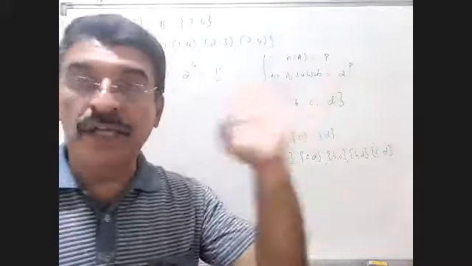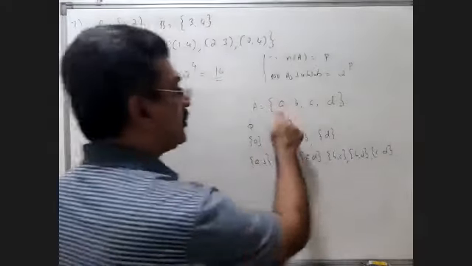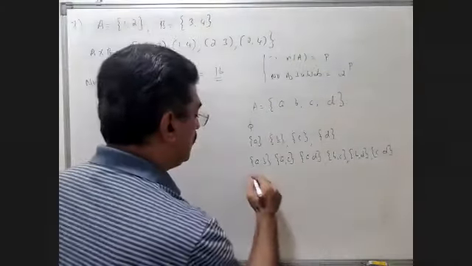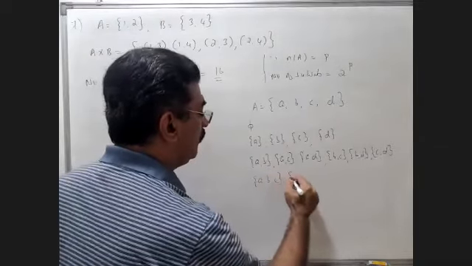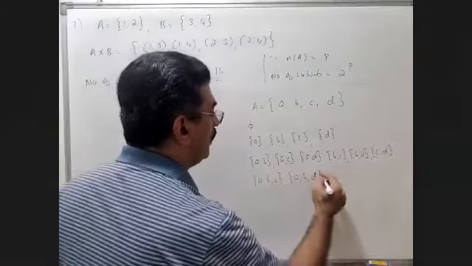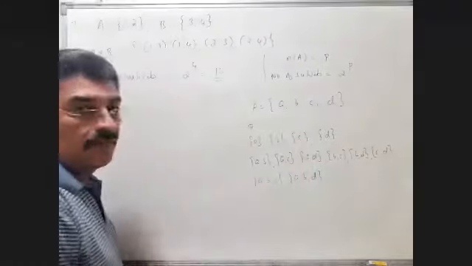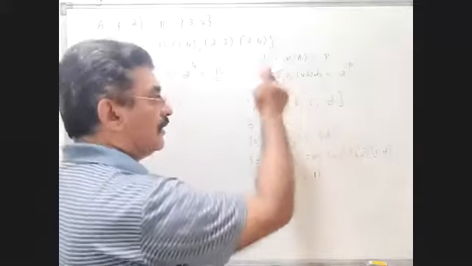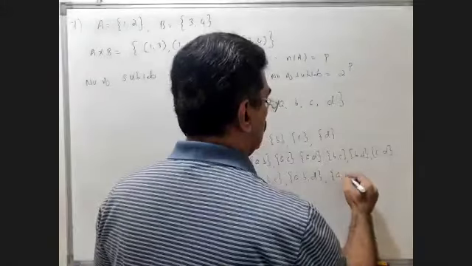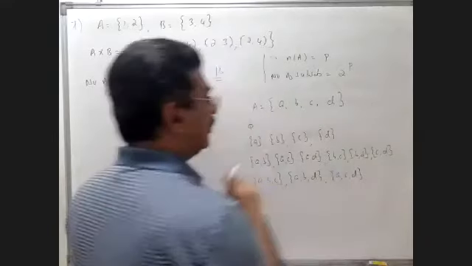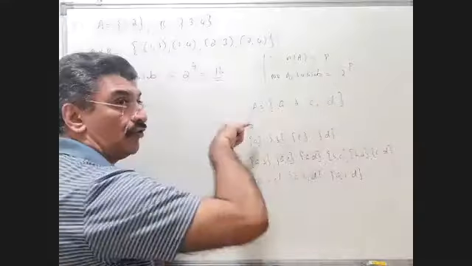Now 3 elements. Starting with AB, it is ABC, then ABD. Again starting with A, we can write ACD. Remember, we write only forward, not backward.